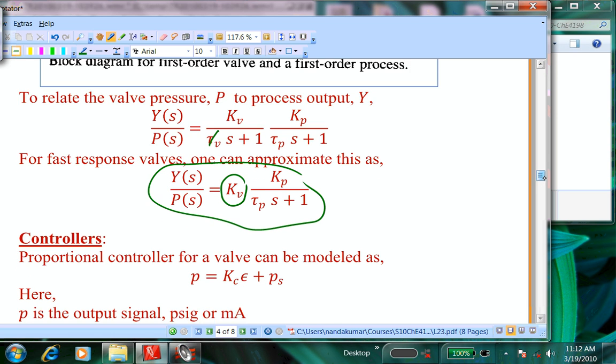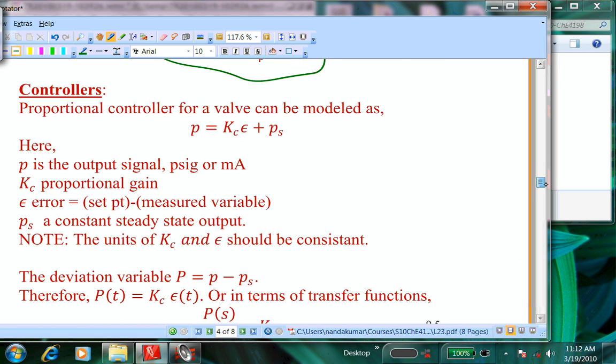Now, how would a proportional controller for the valve look? How can I model that? We have seen it in terms of deviation variables: P minus Ps is equal to Kc times epsilon. Epsilon is the error signal between the set point and the actual flow rate.